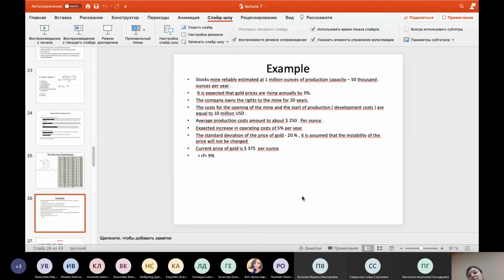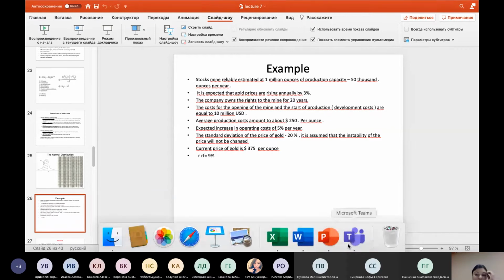And where is the real option in this task? Could you find a real option in this task? Or we have no options in this task?